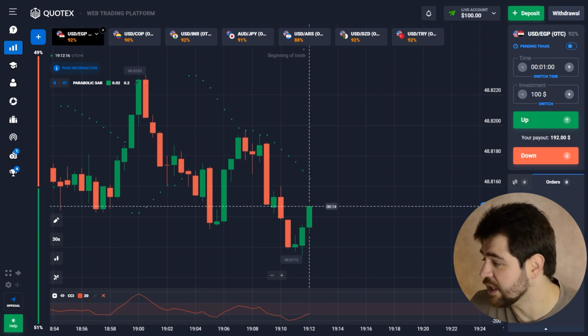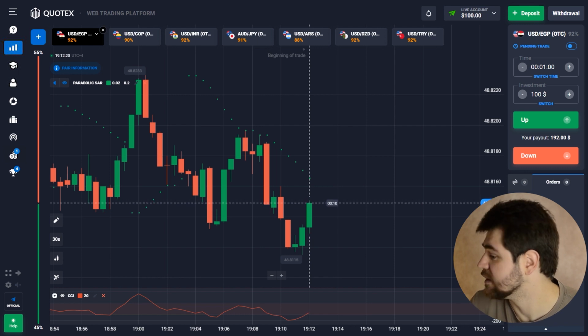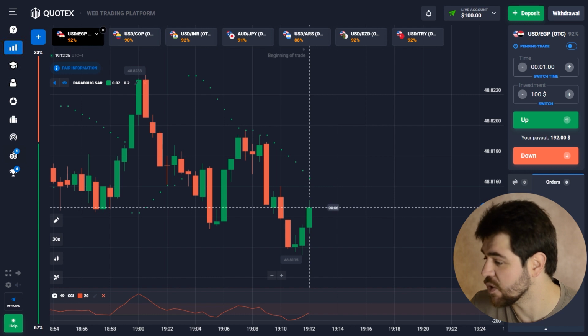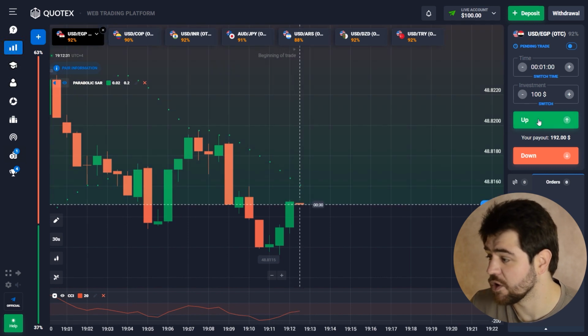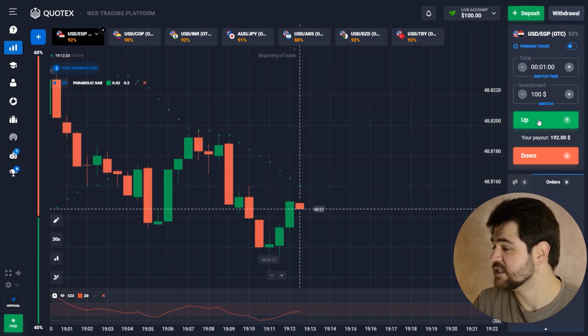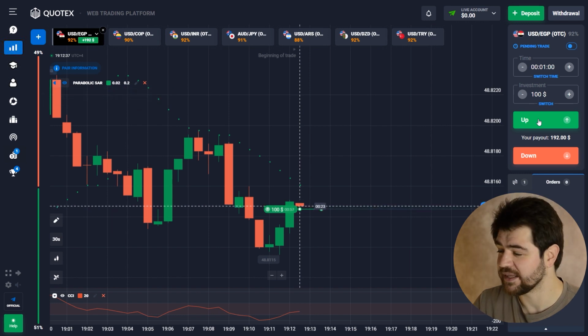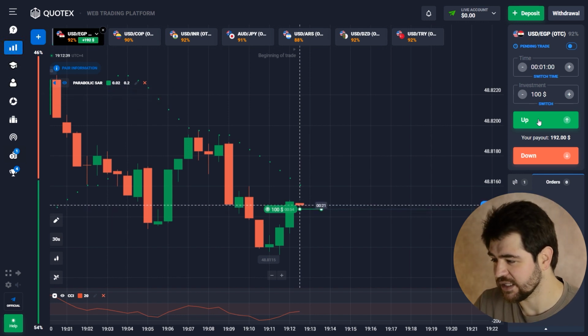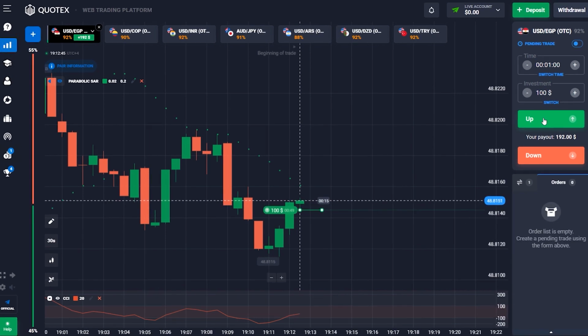We are bouncing off the resistance levels, and the oscillator is entering the middle zone. So that's a good sign. Let's go with the call option and see if we can get there. Also, as you can see, we entered at the little pullback there. That's also a good thing. So let's wait for the result of this and continue.